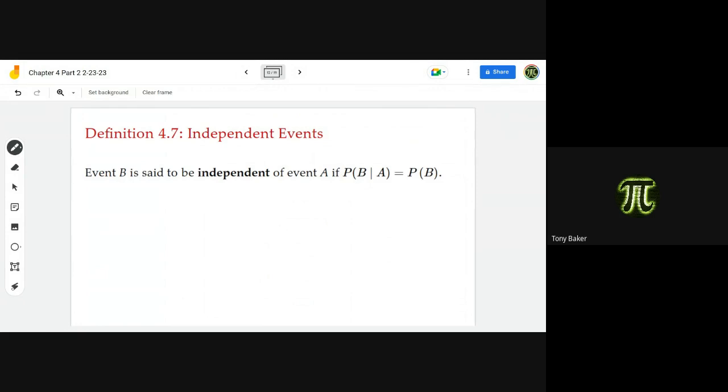So if they're independent, the given condition doesn't have any impact on it.